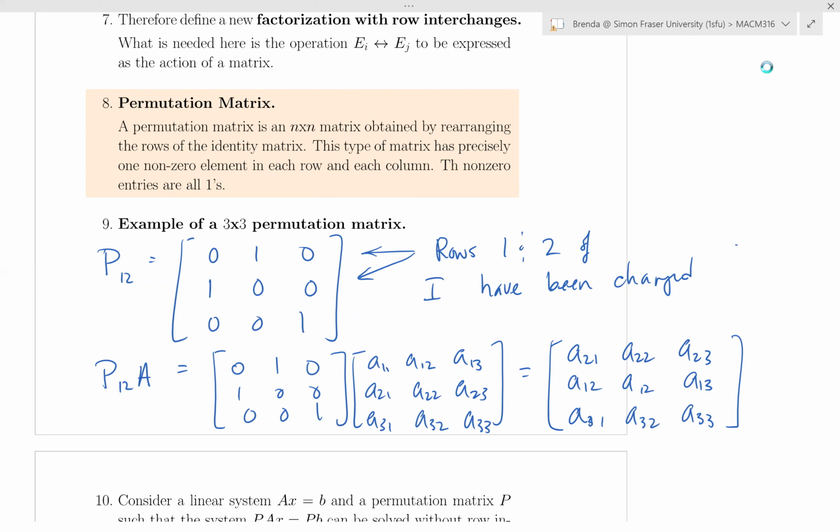The rows that you want to exchange in the matrix you're multiplying are exchanged. So now we have ways of doing all of the things we can do in Gaussian elimination by multiplying by a matrix.